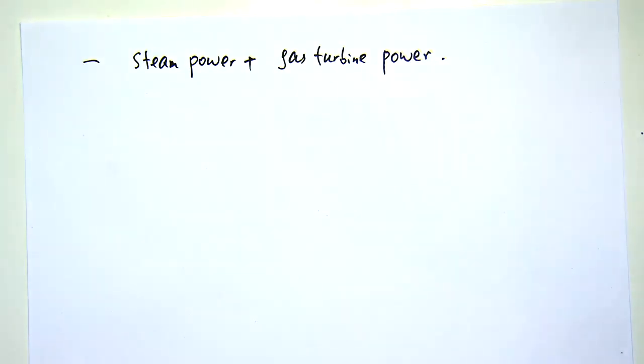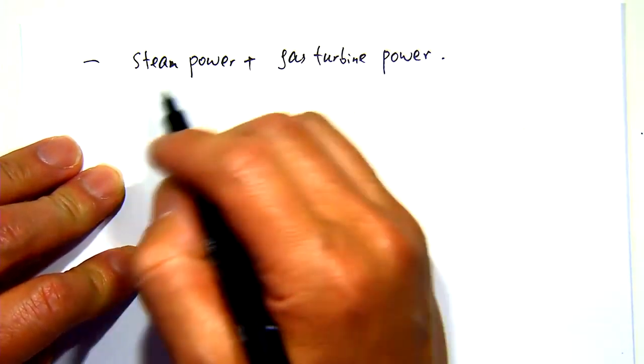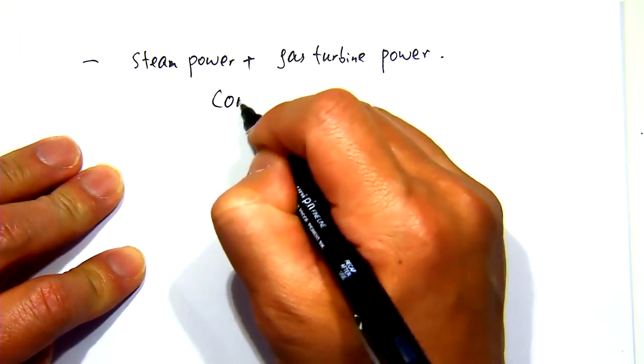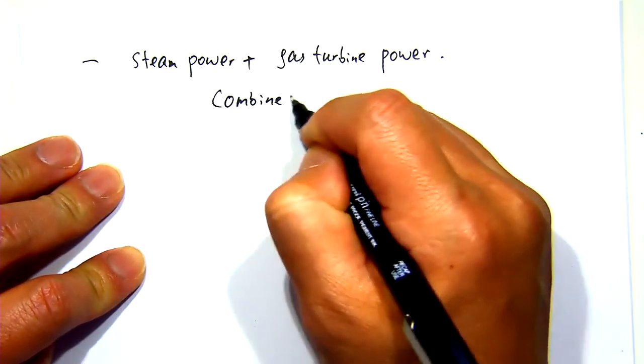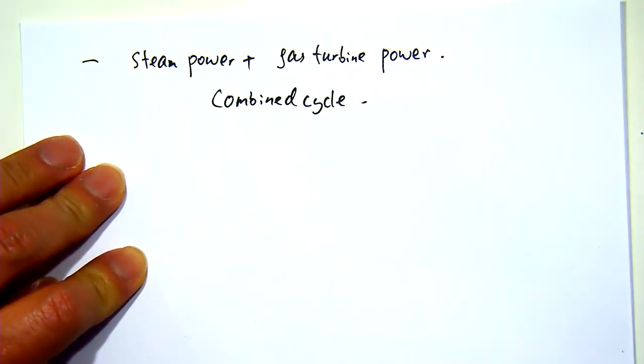So in this process, actually, if you're doing this, the process is called combined cycle. If you have heard of this, the combined cycle is like a next generation of the gas turbine power generation technology.